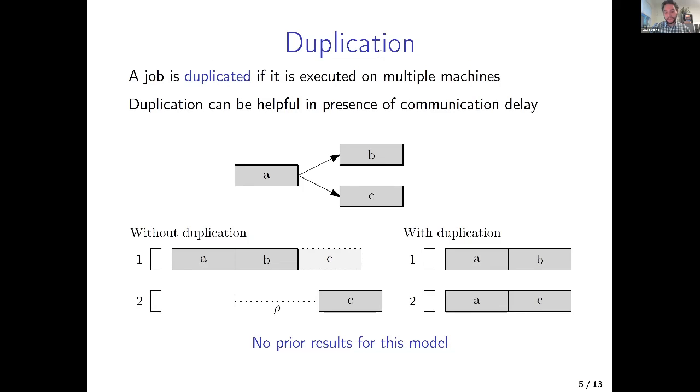But we have to either wait until B is done to schedule C on the same machine, or wait rho time to schedule C on a different machine. On the right, we can see that we can schedule C earlier if we duplicate A on the second machine. And as far as we know, there are no prior results in this model either, though some results have been obtained in special cases.